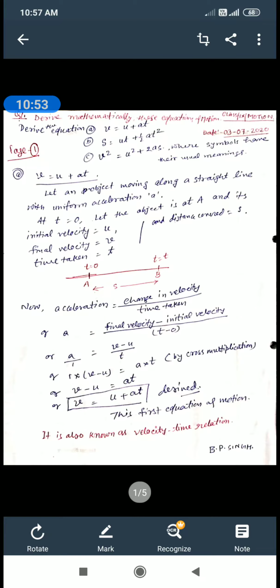And uniform circular motion means motion of an object in a circular path or a circular road with uniform speed. Here speed is not changing, so circular motion becomes uniform circular motion.